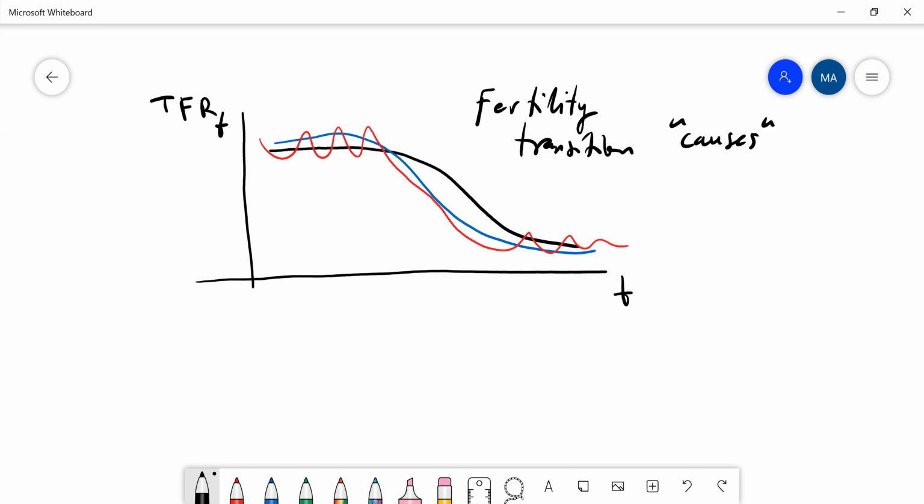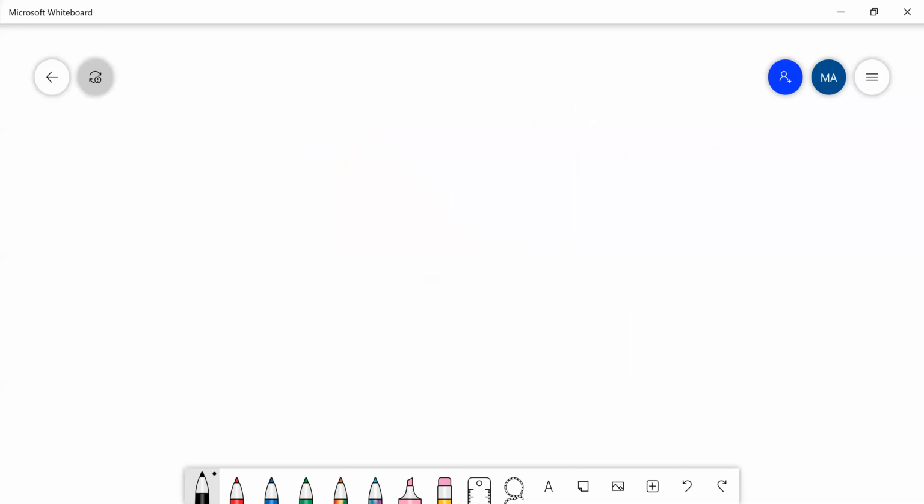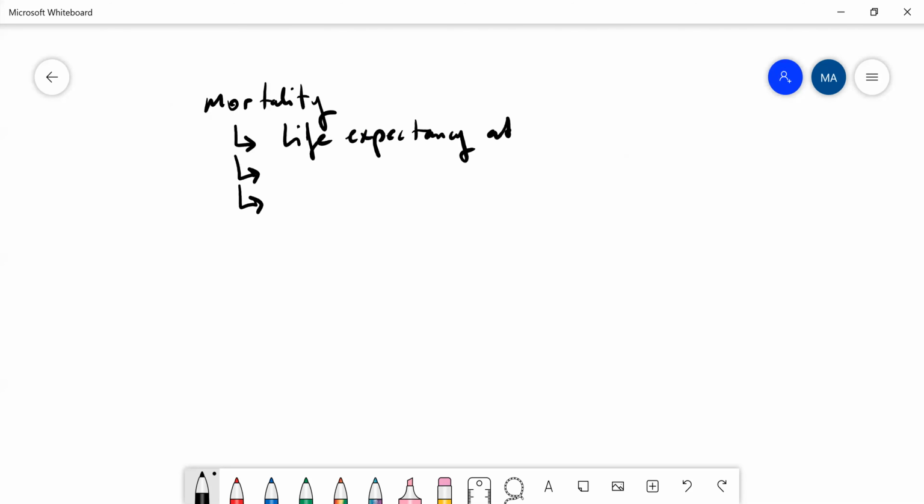Now let's talk about mortality. For mortality, we typically look at three different indicators. One is life expectancy at birth, which is sometimes denoted by this symbol.